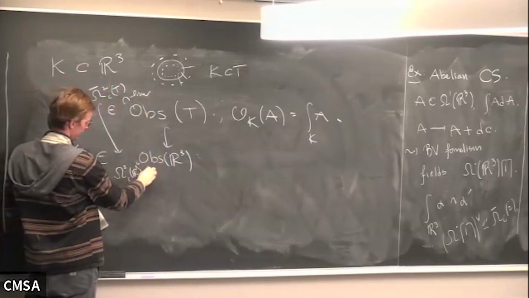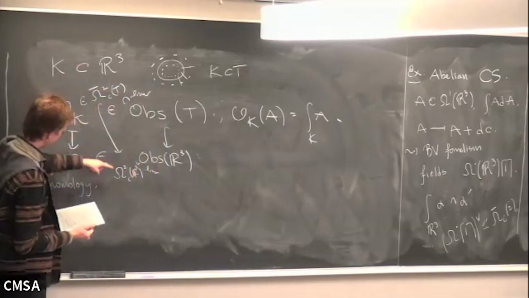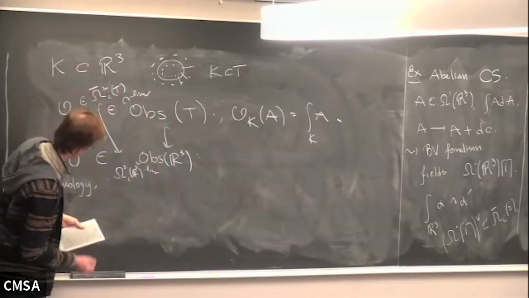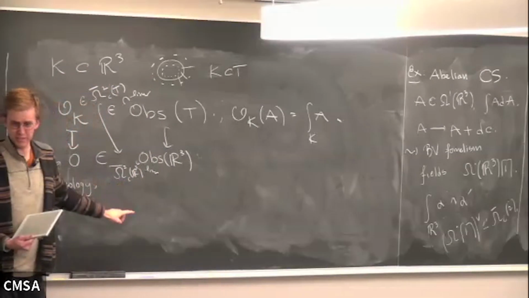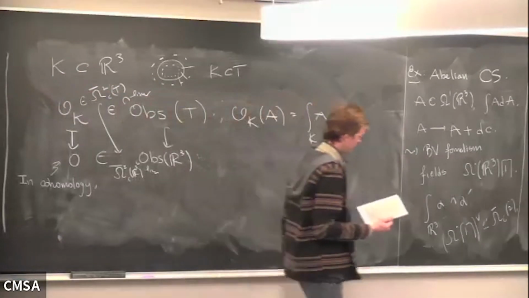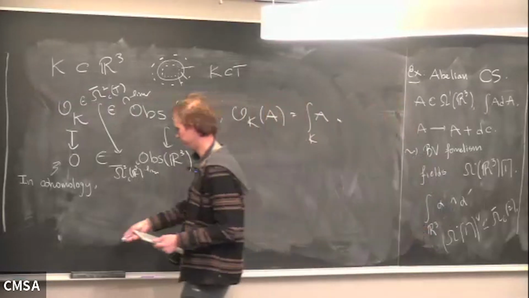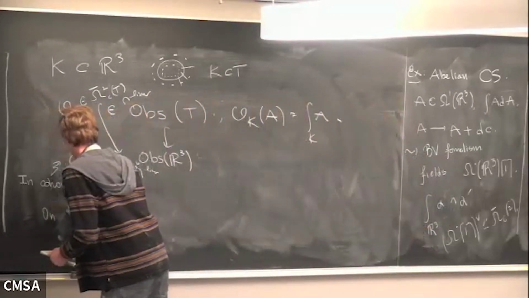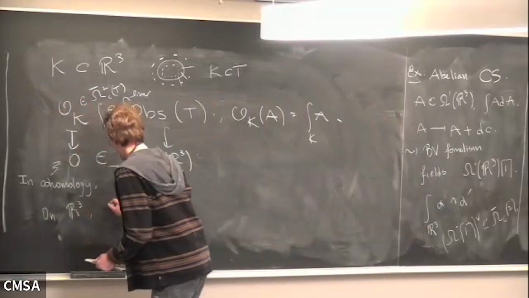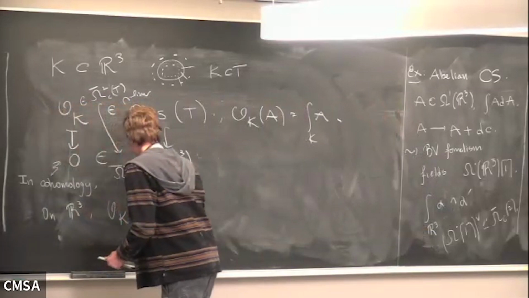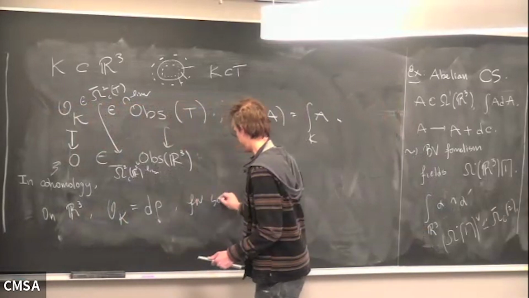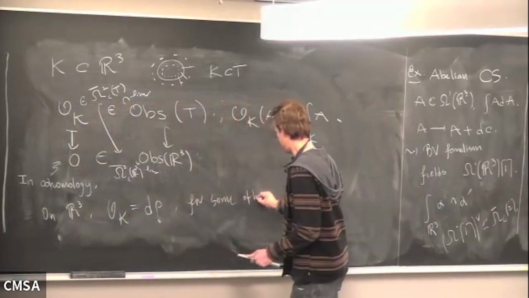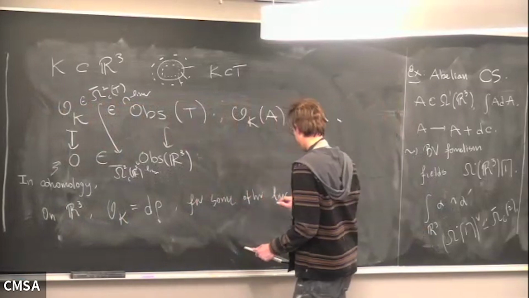I'm just saying, in cohomology, I don't have any interesting classes inside of here. That's the Poincare lemma. So that means that on R3, O of K is equal to d rho for some other linear observable.